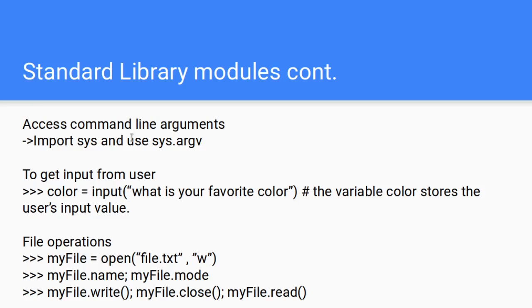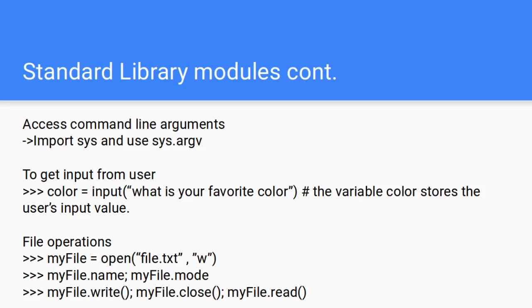So let's try to use sys.argv, right? And see if we can find out what our arguments were to our Python interpreter. We don't really know because we're using an IDE.